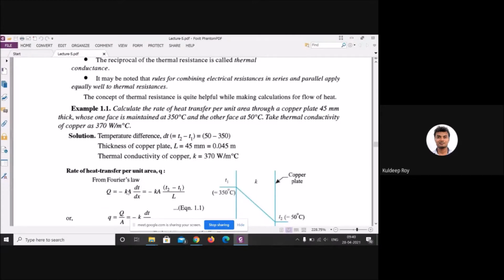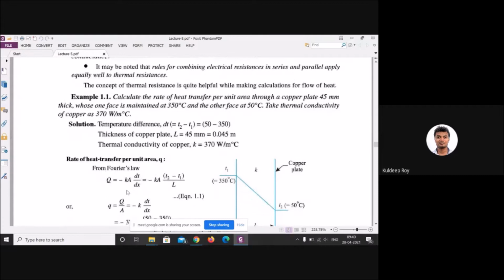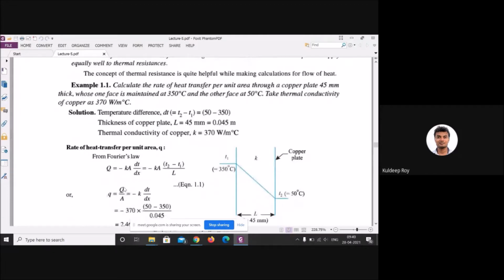Then what you have to do is use Q by A, with capital Q for heat transfer. When you divide, you will get your heat transfer per unit area. Each and everything is given: K is 370, the thermal conductivity.